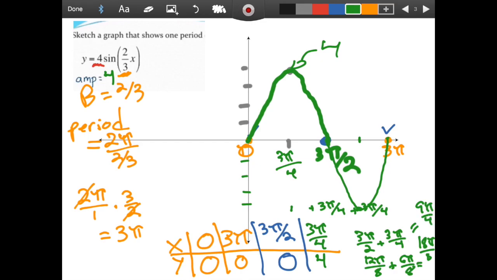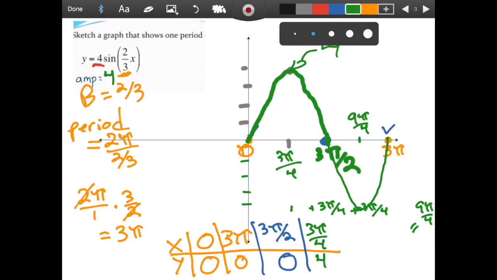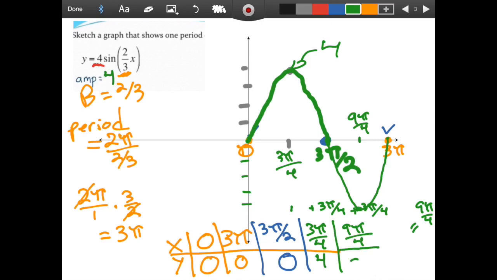And that's about as good as we're going to get. So this final point that we'll take note of in here is going to be 9 pi over 4 with the y-coordinate of negative 4.